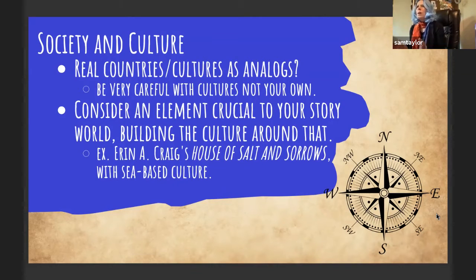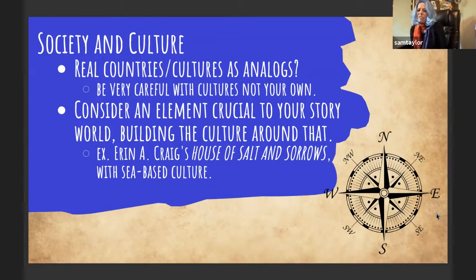And you can present a world that ends up actually being very fragmented, very disorienting to the people who are of those cultures and countries. And it could even be disrespectful of the culture, picking things apart without understanding the significance and meaning behind them. So be very careful using real cultures as analogs when they are not your own.